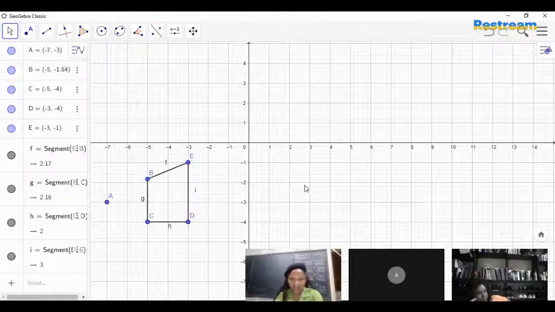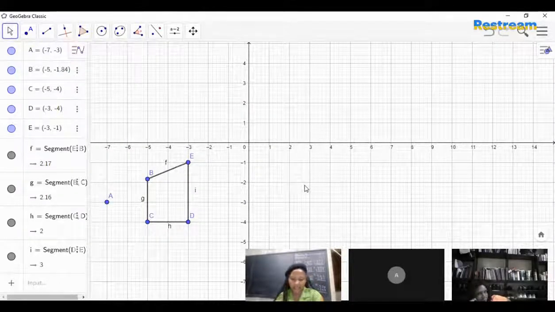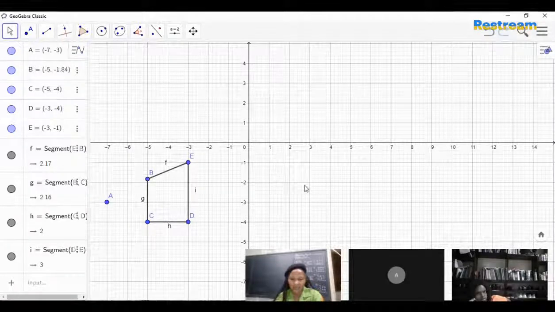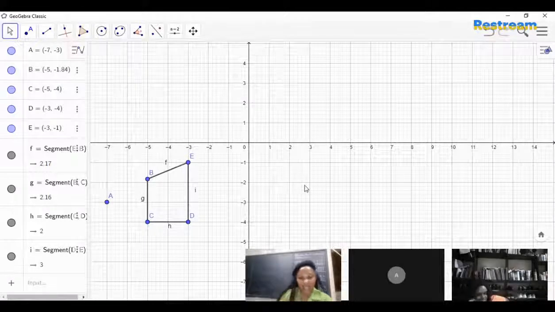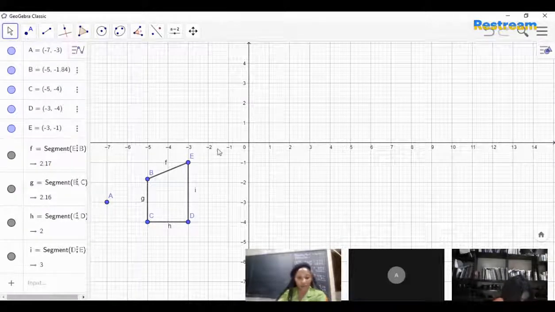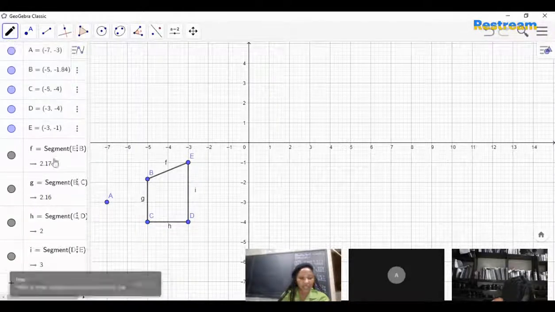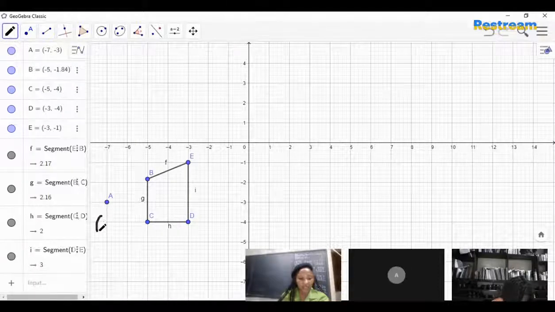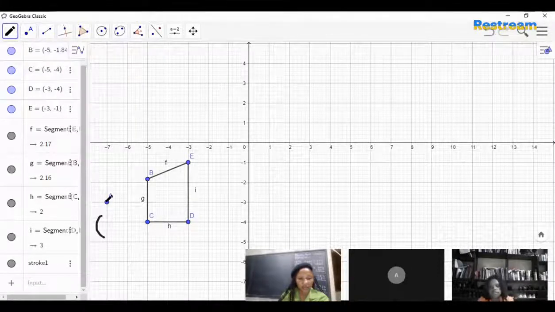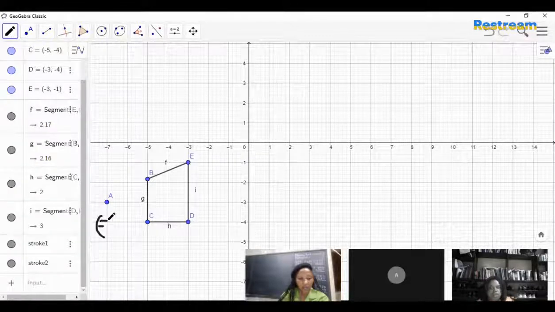You think a scale factor of 4 could hold? You want us to try? Okay, Miss. Let's try and see if a scale factor of 4 could hold on this. All right. So first of all, tell me the coordinates of the center of enlargement. Miss, the center of enlargement would be -7, -5. -7, -3.